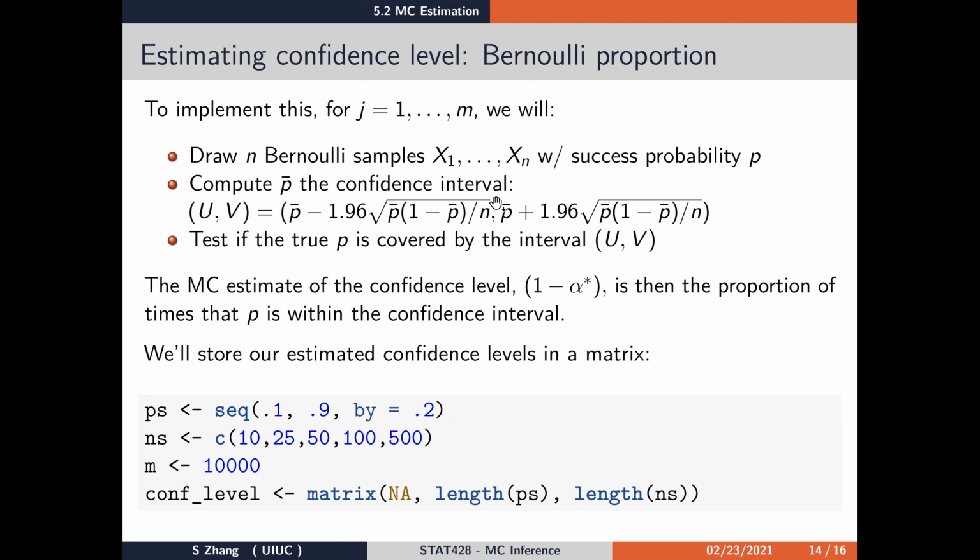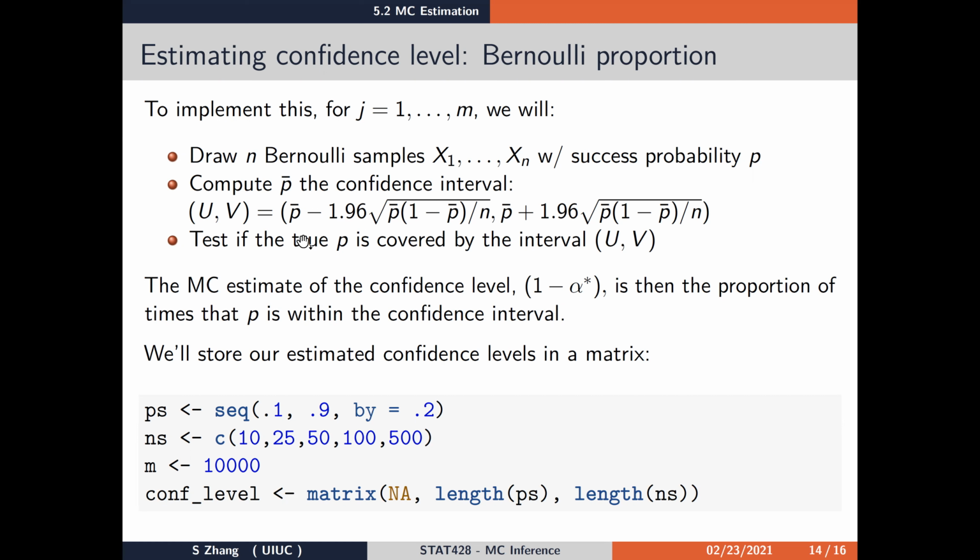Then, given the samples for iteration j, we want to compute p bar as well as the corresponding confidence interval. If we use the earlier formula, you know that the 95% confidence interval will be given by p bar minus 1.96 times the square root of p bar times 1 minus p bar divided by n, to p bar plus 1.96 times the square root of this thing.